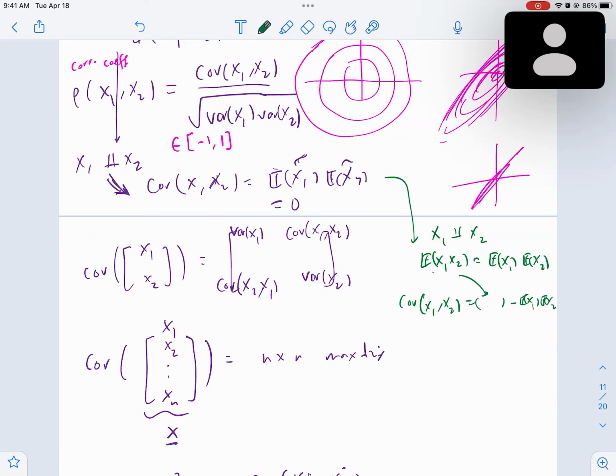In this case this term is equal to that one, so this is going to be 0. Same thing here.